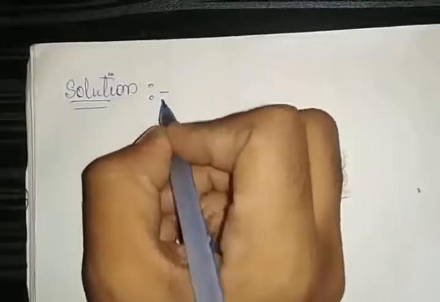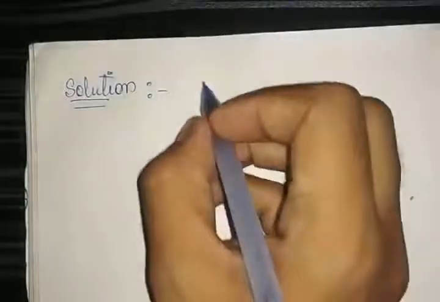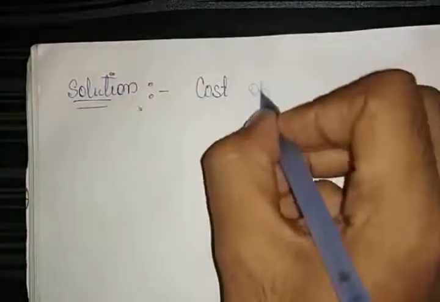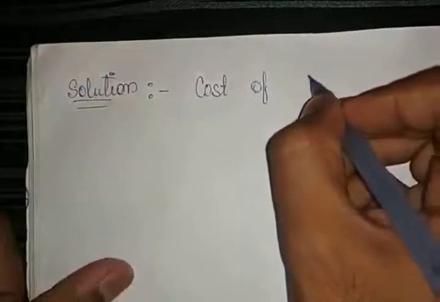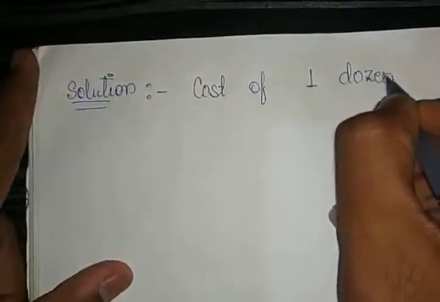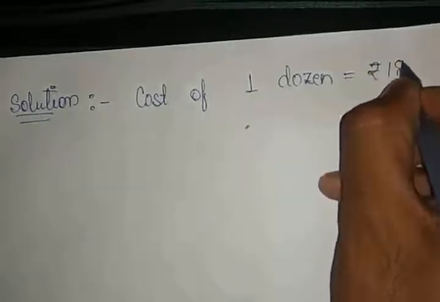It says 40 dozen oranges were purchased at rupees 18 per dozen. Means that the cost of one dozen is rupees 18.